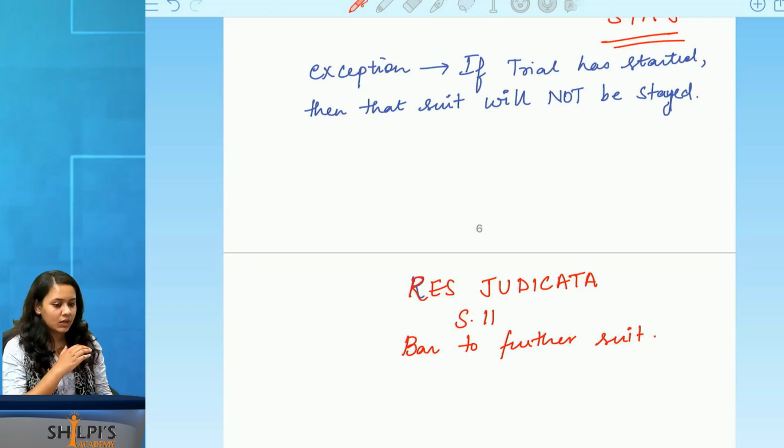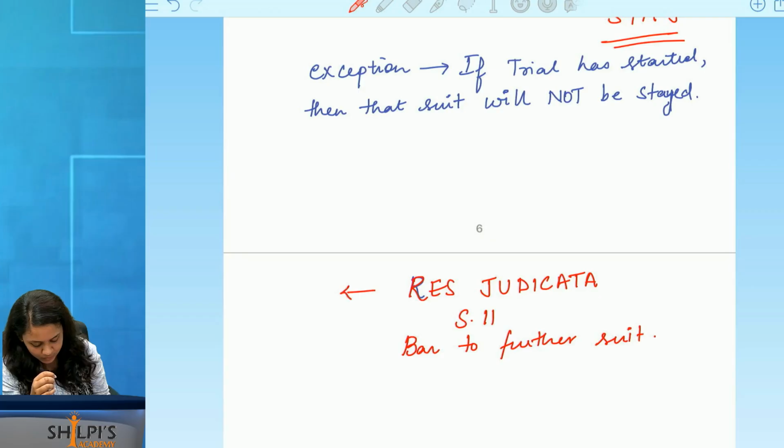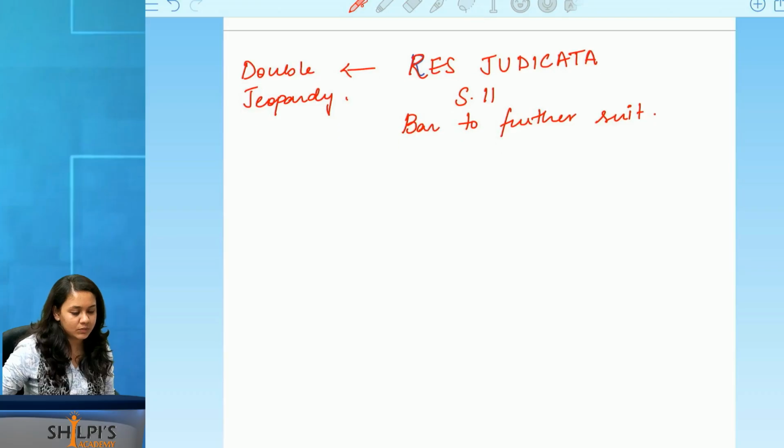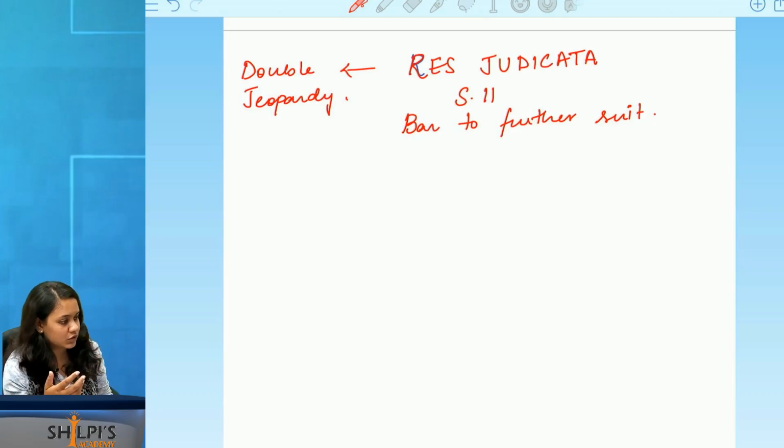Okay, so coming to this concept of res judicata, it is the same concept as your double jeopardy. So what did we study under double jeopardy? No person can be punished for the same offence twice. Now while we studied that in one line, we are going to go into a lot of detail in CPC. Okay.